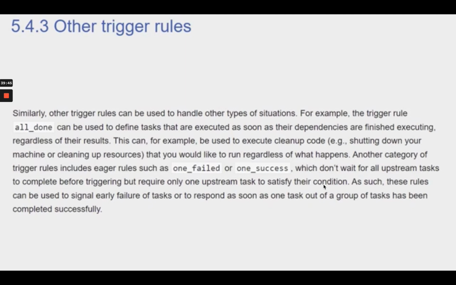Another category of trigger rules includes eager rules, such as one_failed or one_success, which don't wait for all upstream tasks to complete before triggering, but require only one upstream task to satisfy their condition. As such, these rules can be used to signal early failure of tasks, or to respond as soon as one task out of a group of tasks has been completed successfully.